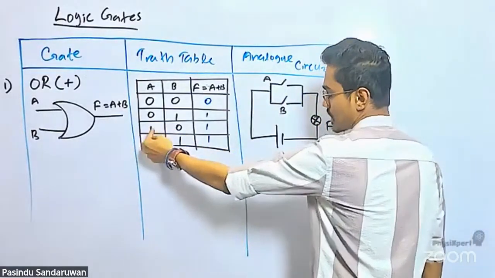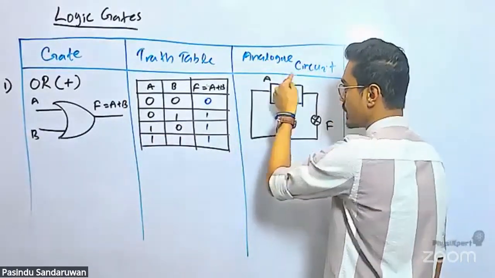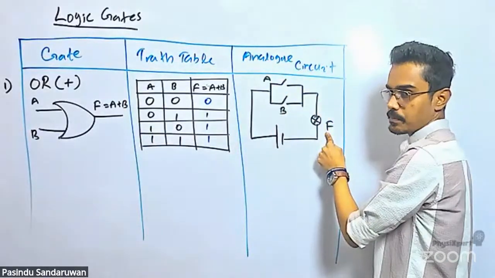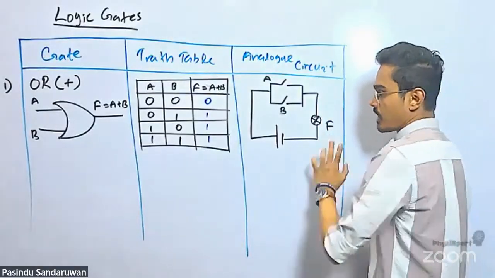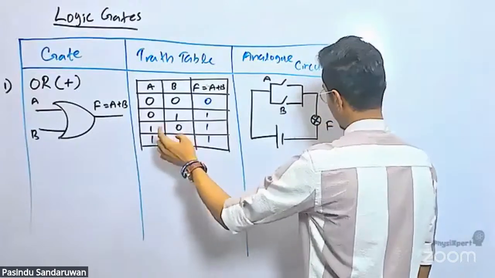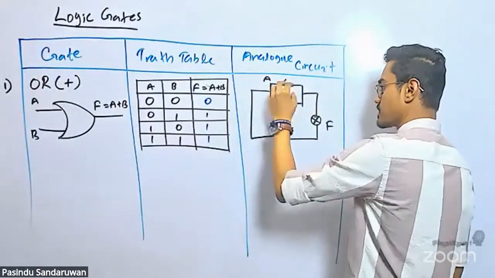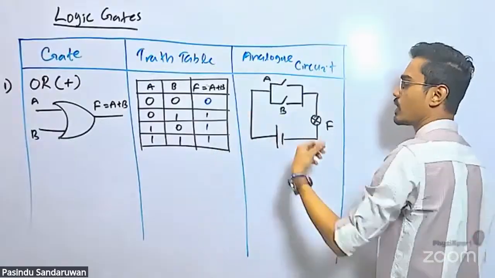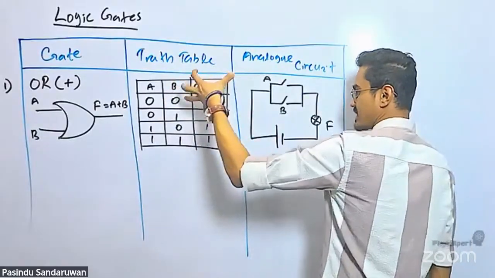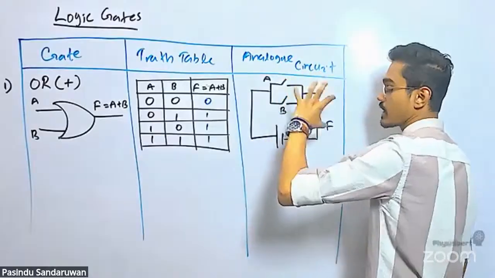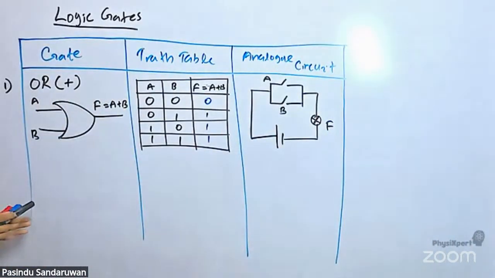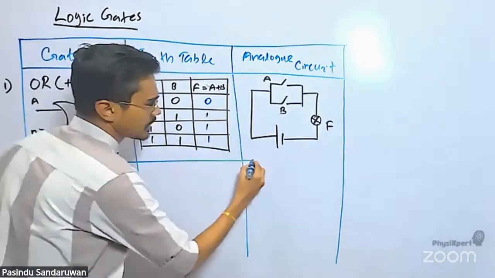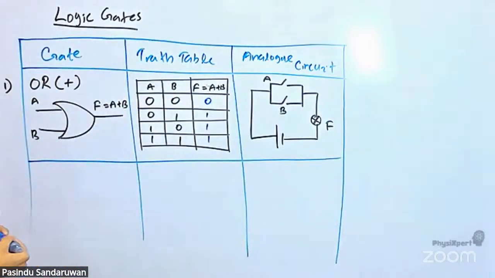If A is 1, current passes through A, the bulb lights up, satisfies. And 1 and 1 means both are on, current passes through both and the bulb lights up, 1. So likewise, to satisfy this truth table, you have to draw an analog circuit. That is called the analog circuit. And then after this you can separate this like this and go to the next one.